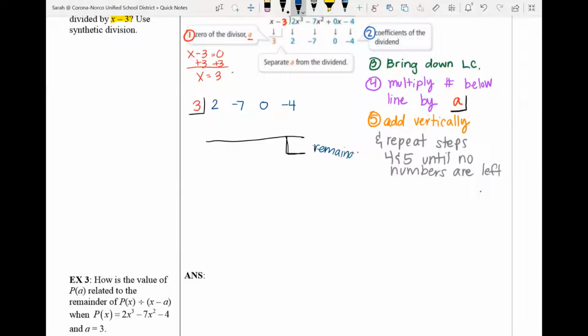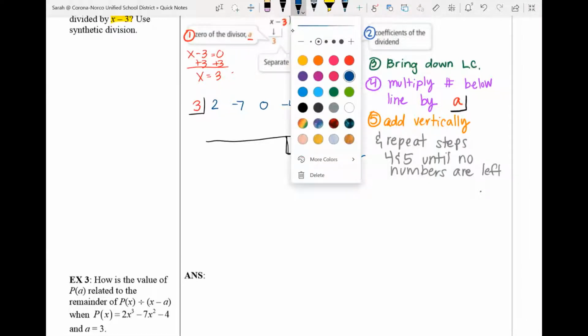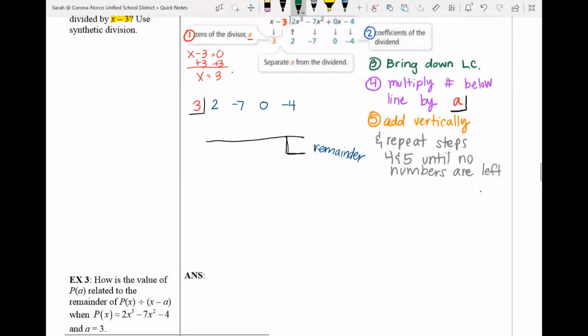So just another organizational tool there. Our remainder is going to end up inside that box. So for the steps for this process, I have them written out. We've already done step 1, which was find the 0 of the divisor, and step 2, which was list out the coefficients of the dividend.